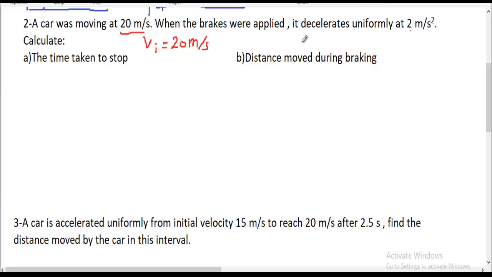As we have studied before, if you have deceleration, then acceleration here will be with a negative sign. So acceleration will be negative 2 meter per second squared. So you have two givens: initial velocity and acceleration.